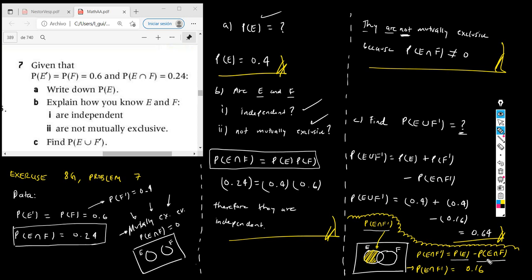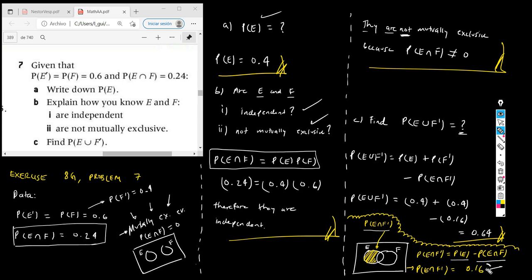And I already have these two values. The P of E is right here, 0.4, and P of E and F is right here, 0.24. Therefore, I can get this probability as 0.16.